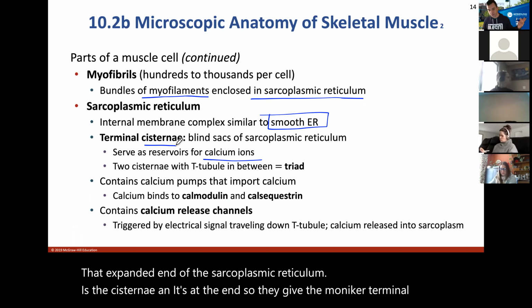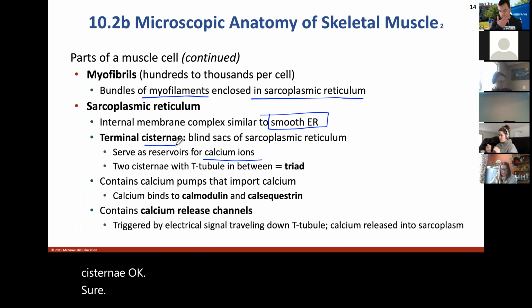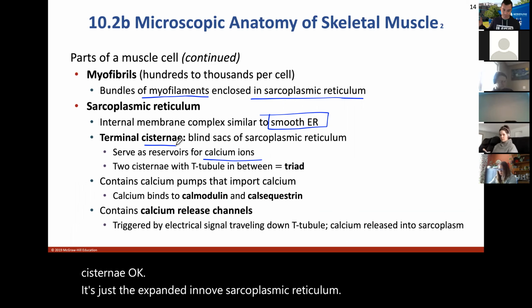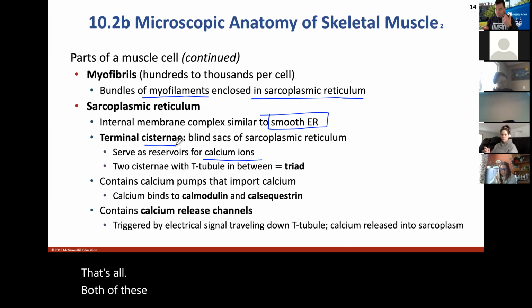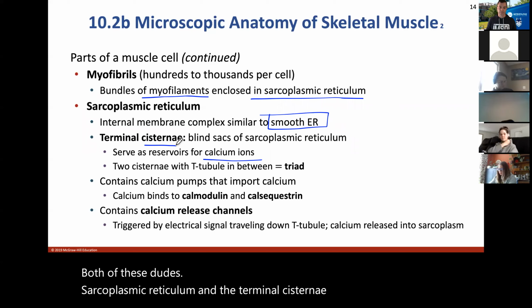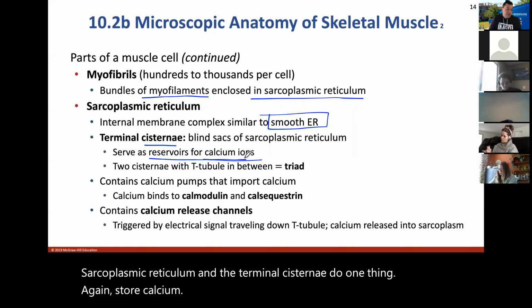Okay, sure. It's just the expanded end of a sarcoplasmic reticulum. That's all. The sarcoplasmic reticulum and the terminal cisternae do one thing. Again, store calcium. That's all they do.